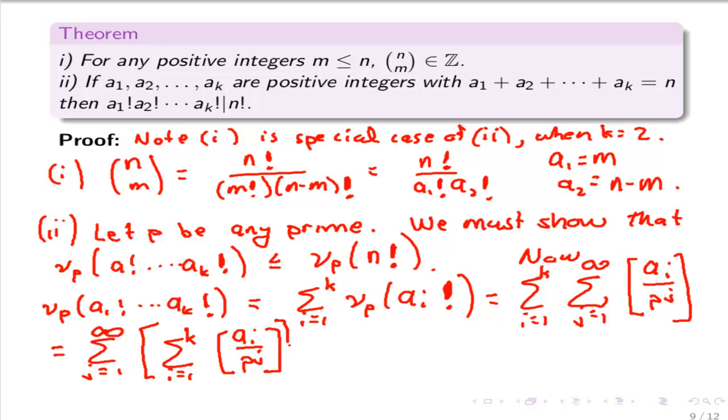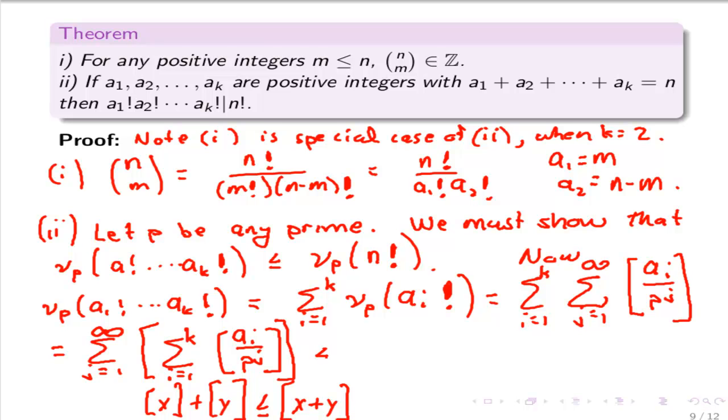So write it like that. And now we use the triangle inequality. So the triangle inequality says if we have a sum of two things like that, this is less than or equal to the bracket x plus y.